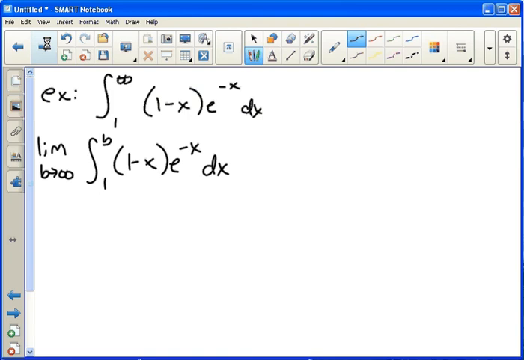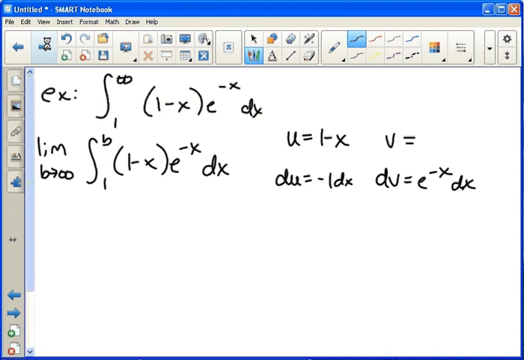Because if we remember LIATE, that tells us what to choose for u. A, algebraic, comes first. So that means 1 minus x is going to be our u, and e to the negative x is going to be our dv. So the derivative of u is negative 1. The antiderivative of e to the negative x is negative e to the negative x.